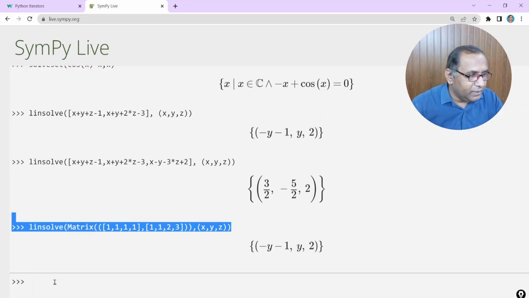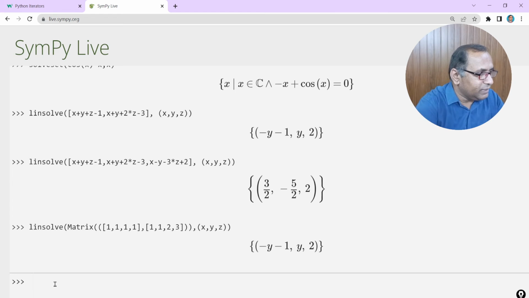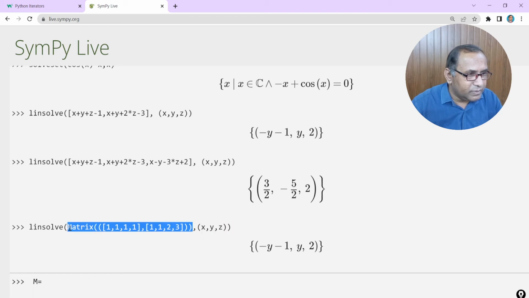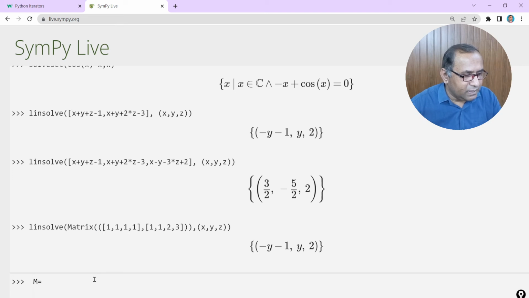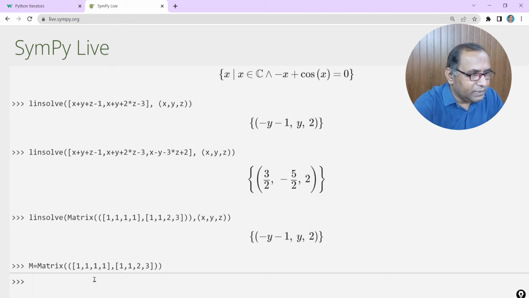See here. First we have the matrix, which is M equal to this value. Okay, this is the matrix. Then we need to write a system.